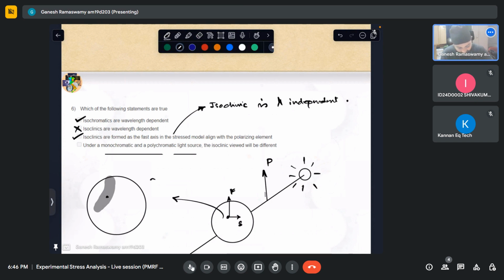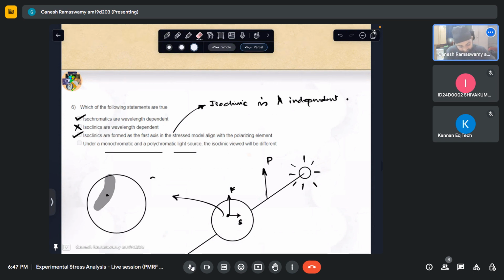When we have a monochromatic and polychromatic light source, what is essentially changing between these two? The light source, the wavelength of the light. And since isoclinic is not dependent on that, under monochromatic and polychromatic light source, the isoclinic viewed will be the same. So even if I were to take this light source and put a white light source instead, this I will still see as a black band only.